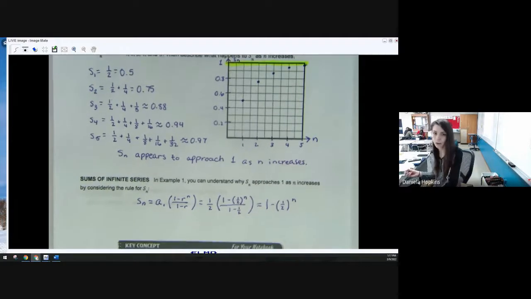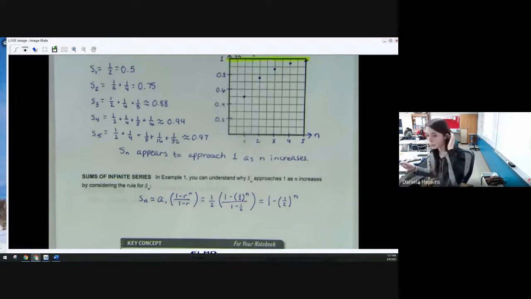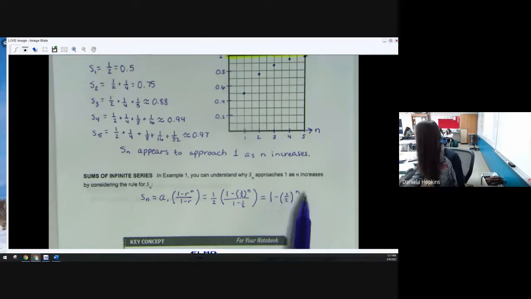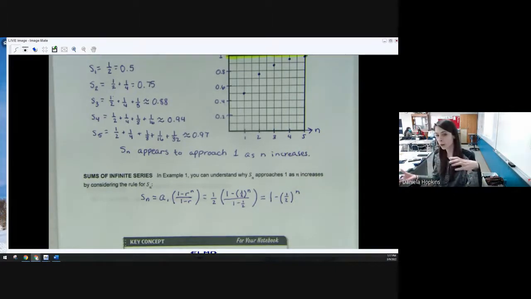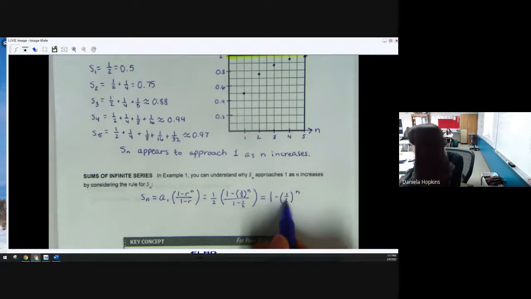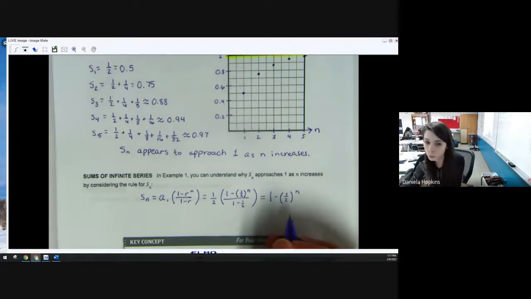Now, let's think about 1/2 to the n. As my n gets bigger, what happens to this number? It gets smaller. Because it's 1/2, it would be 1 over 2 to the second, and then 1 over 2 to the third, and then 1 over 2 to the fourth. So since that bottom number is getting bigger and bigger, when you do the division, the number gets smaller and smaller. So this gets closer to, it'd be like 1 minus 0.5, and then 1 minus 0.2, and then 1 minus 0.1, and then 1 minus 0.01.